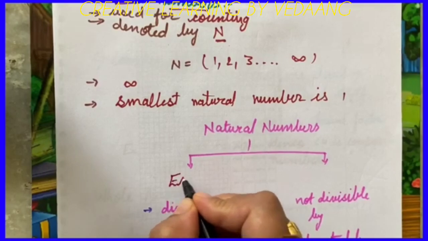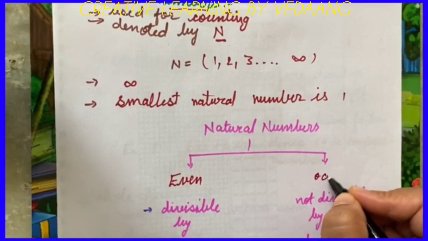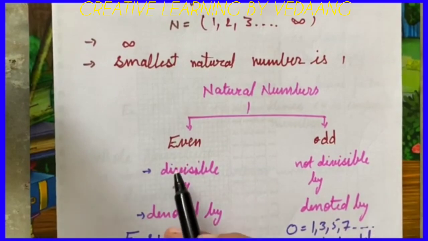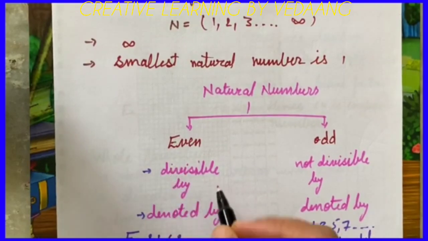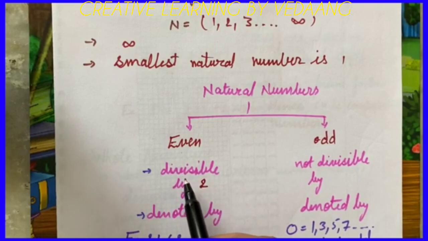Now next, natural numbers can be divided in two parts. One is even natural number and the other one is odd natural number. Fine. So how we can define even natural number? The natural numbers which could be divisible by 2 are called even natural numbers.